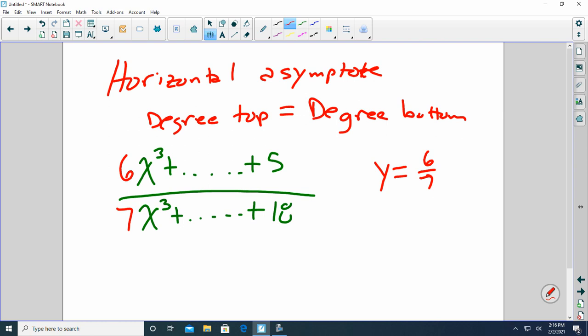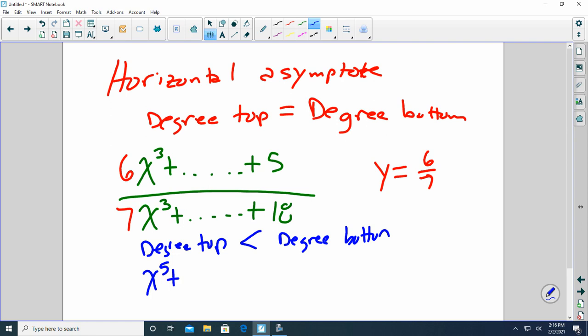The other horizontal asymptote is when the degree on top is less than degree on bottom. So let's say we had x to the 5th plus a whole bunch of other stuff over x to the 7th plus, so that's just a big old string of stuff.